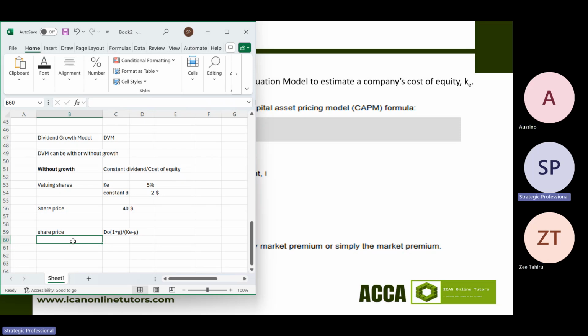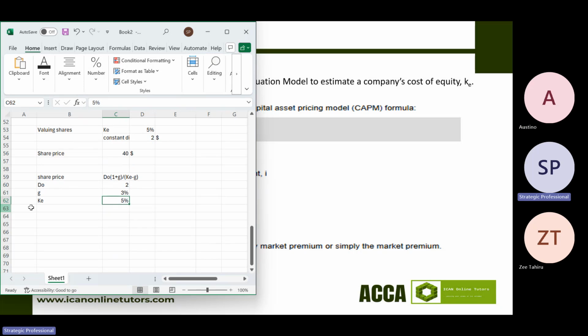So what do we now do? Let's say our DO is 2, for instance, and our growth is 3%. Our cost of equity is 5%. These are refresher classes, so I want to believe we have an idea of what I'm doing.